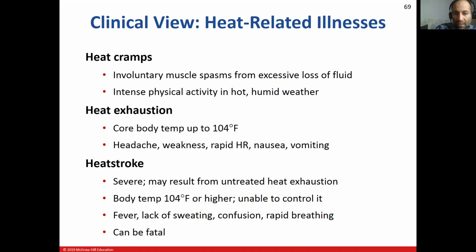And then heat stroke is when your body temperature is even higher than 104 degrees. And that is dangerous because here you even stop sweating. Even your sweat glands are overwhelmed. You're completely dehydrated. And this can be fatal if you do not administer fluids to this person, start an IV infusion of fluids and gradually cool him down.